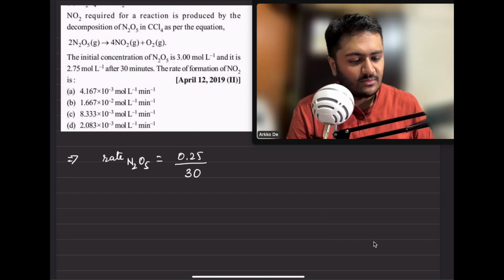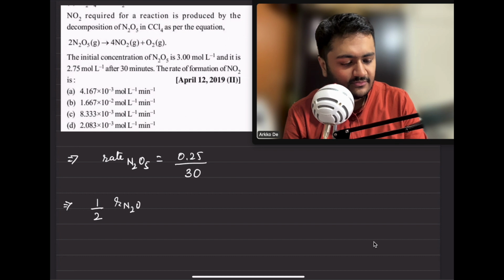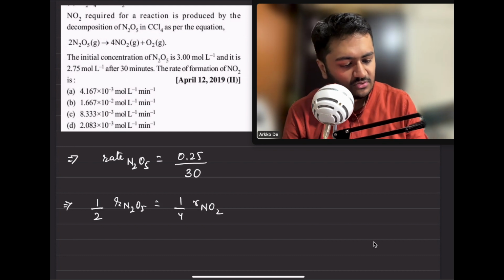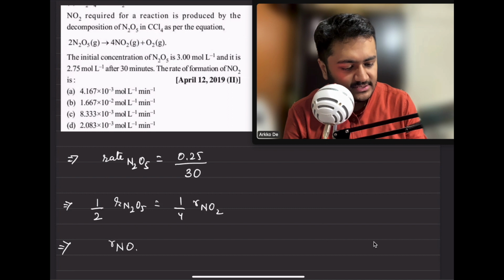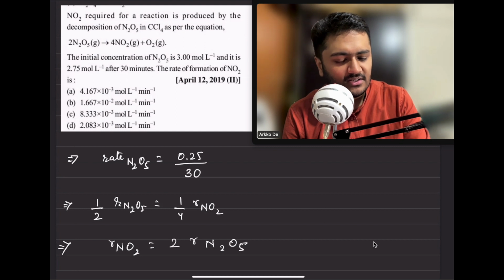Now I can just write, using the equation, that half the rate of N2O5 will be equal to 1 by 4 the rate of NO2. All right, so we have got the rate of NO2 as twice the rate of N2O5, or you can directly see that this is already in the 2:4 ratio.